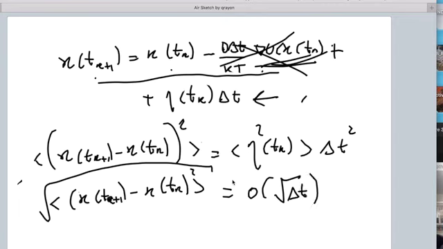Why? Because this is of order 1 over delta t, this is of order delta t squared, so the square is of order delta t, and therefore the root mean square displacement is of order root of delta t. That's why I could ignore this term, by the way. Because if I take delta t small enough, then I'm dominated by the lowest power of delta t, and the lowest power of delta t in this equation is 1/2, not 1.